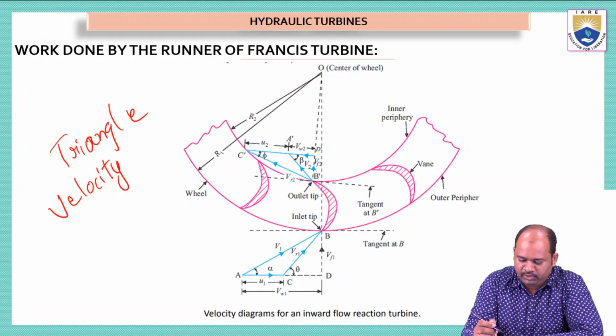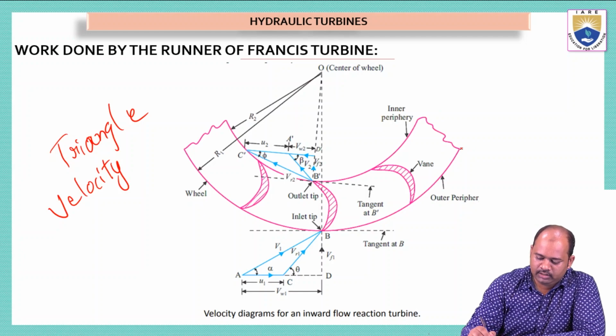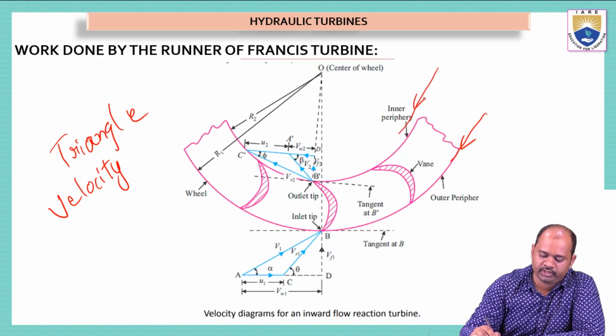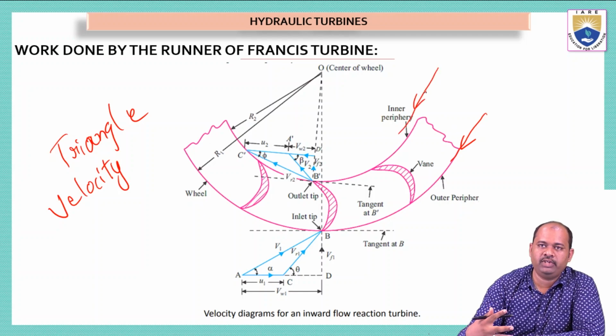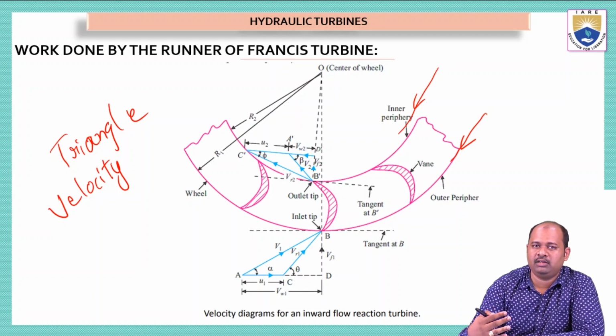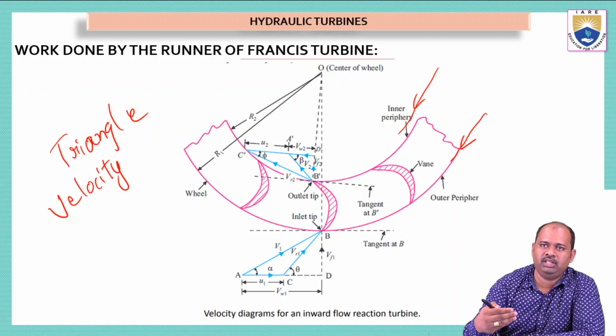So here, observe carefully, this is called outer periphery and this is the inner periphery. So this is where we are considering vanes. So vanes are nothing but they are mechanical elements which are attached to the periphery of the turbine runner.